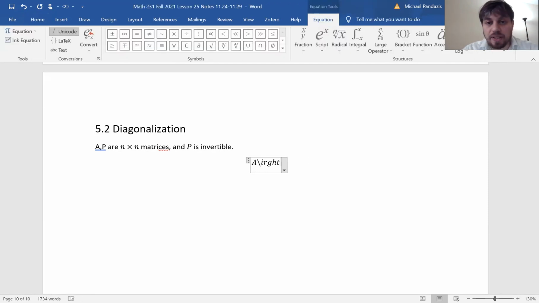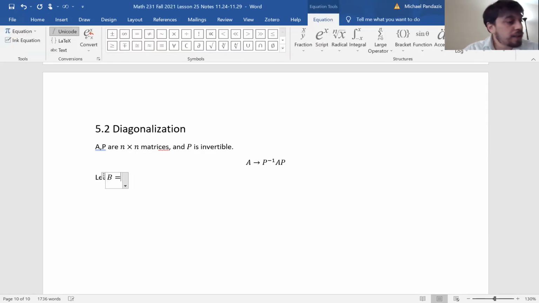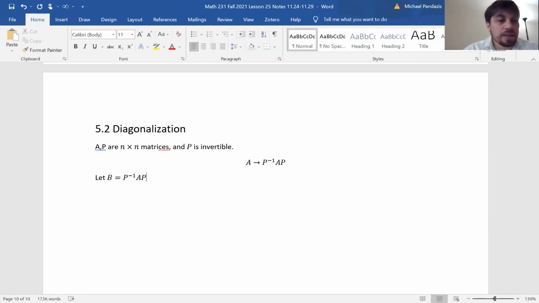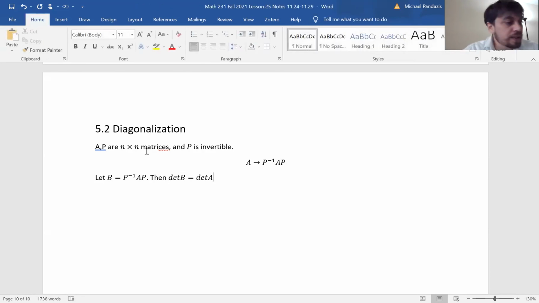So let's say we have a similarity transformation from A to P inverse AP. Let capital B equal P inverse AP. Then the determinant of B is equal to the determinant of A.